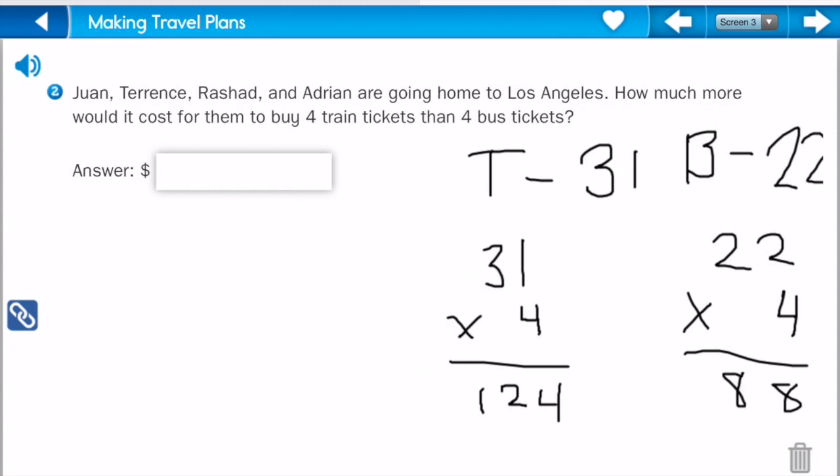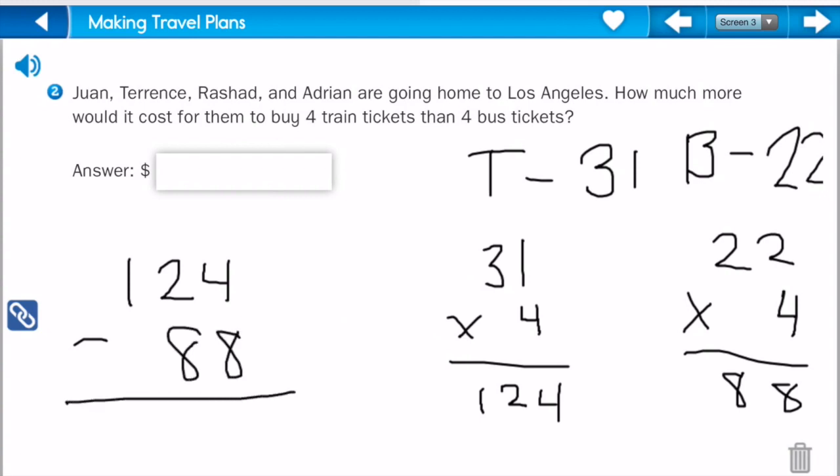So now, they want to know how much more would it cost for them to buy train tickets and bus tickets. So now we gotta subtract. So we gotta take 124 minus 88. Can we take 8 away from 4? Nope. So go to our neighbor, borrow. 14 minus 8.